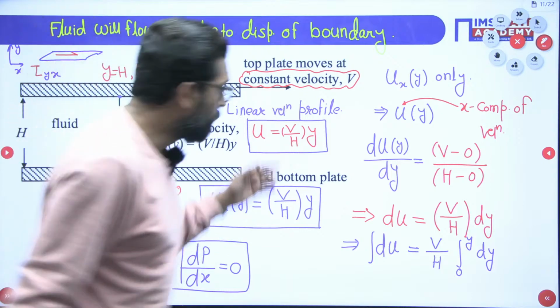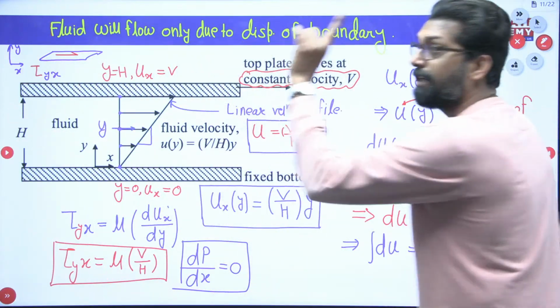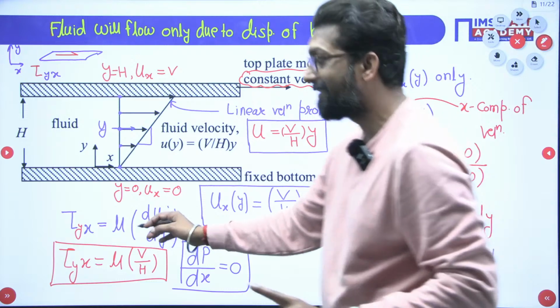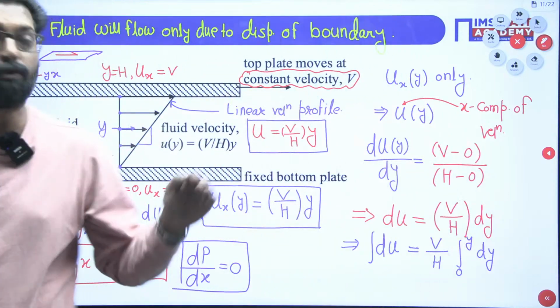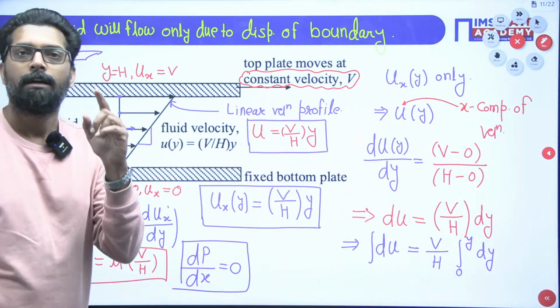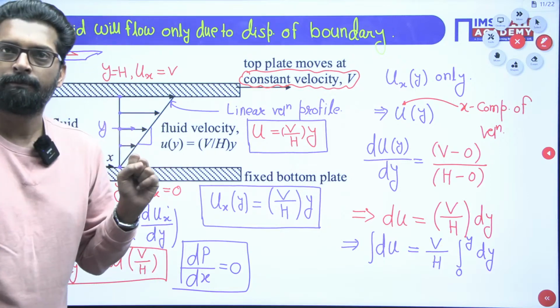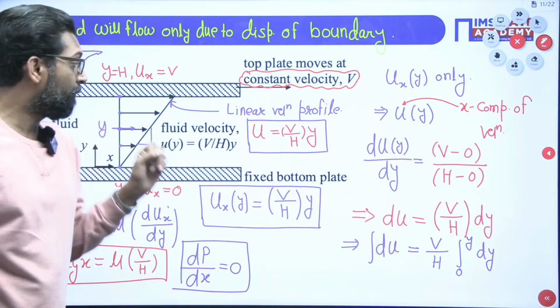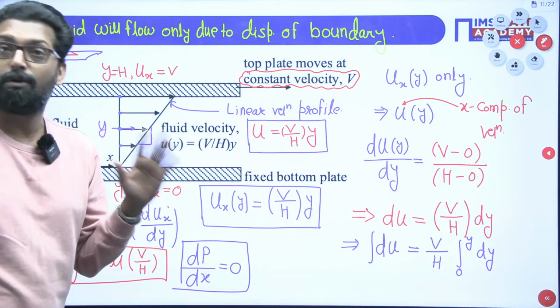There is no pressure gradient. In that case, the shear stress variation from the bottom layer to top layer or top layer to bottom layer is constant. But it is not always, sir, that when the fluid is flowing, the shear stress is constant. No, it may vary.